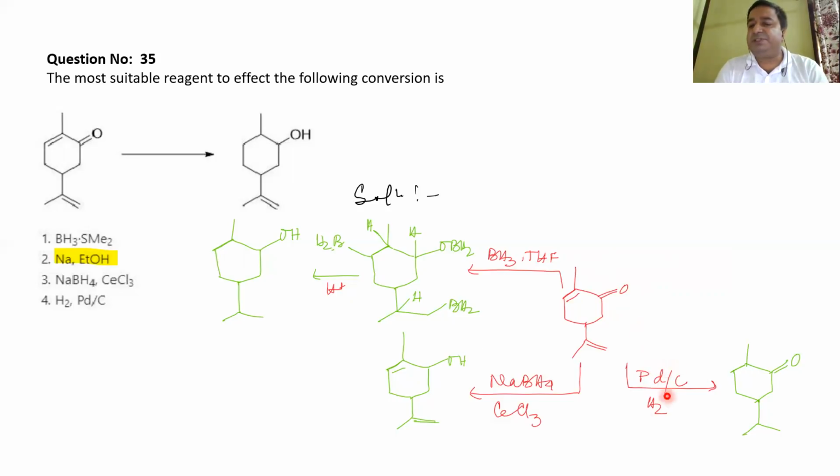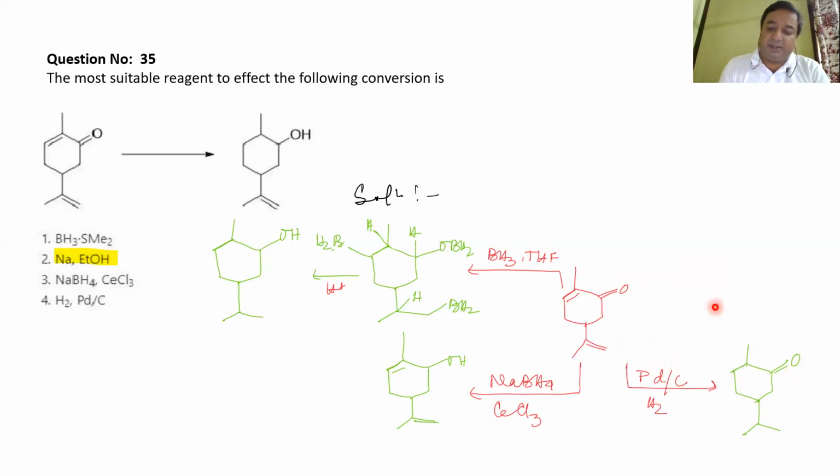Now, if you use palladium charcoal, then the C=O will be untouched. It selectively reduces the double bonds. So over here, the conjugated and also the non-conjugated double bonds will be reduced, and it will form alkane.